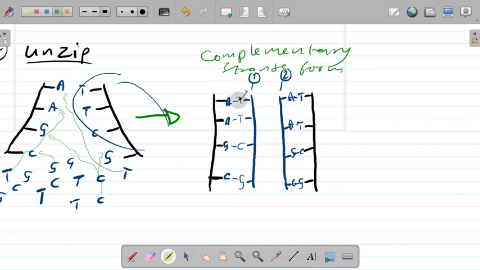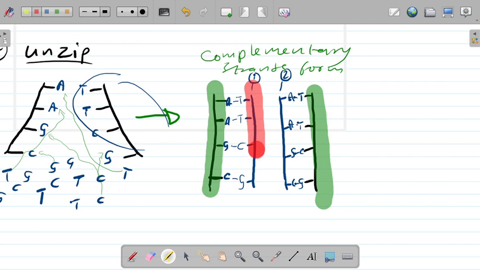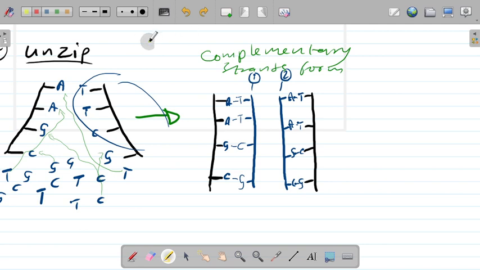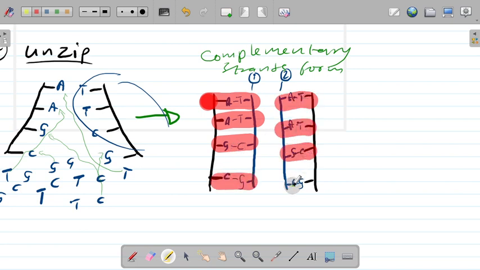Template strand number 1 and template strand number 2 will be the template for complementary strand number 1 and complementary strand number 2. We have the same amount of DNA and the same amount of nucleotides: AT GC CG AT GC CG.